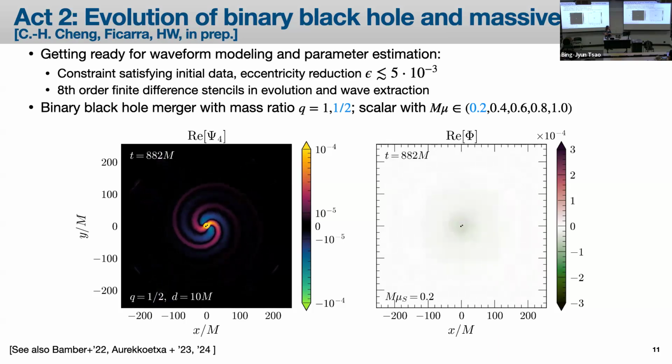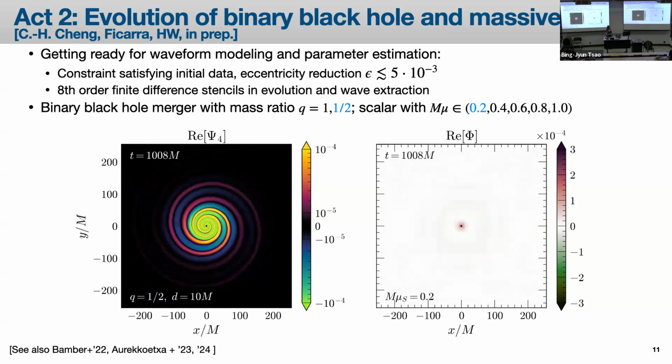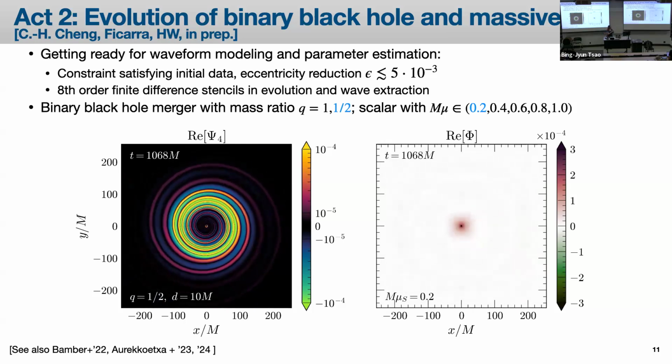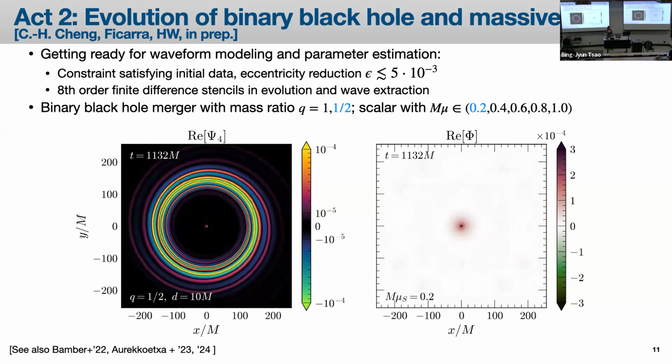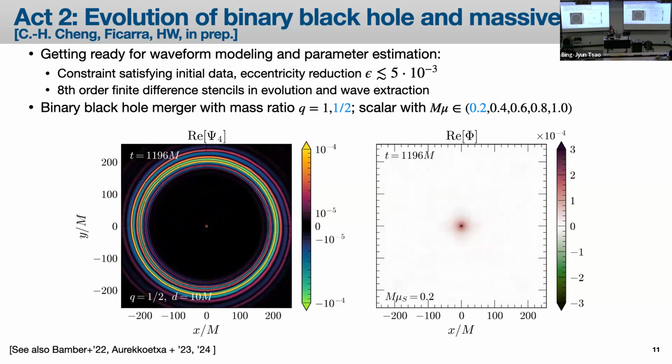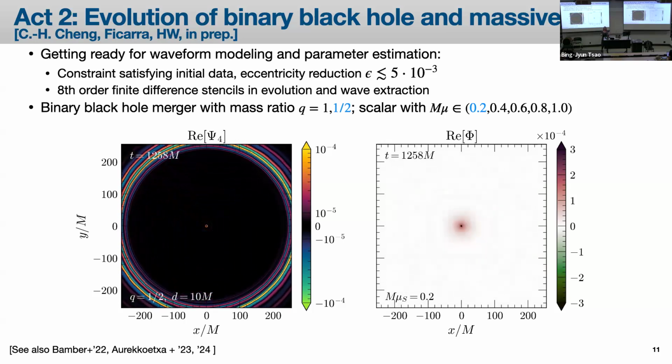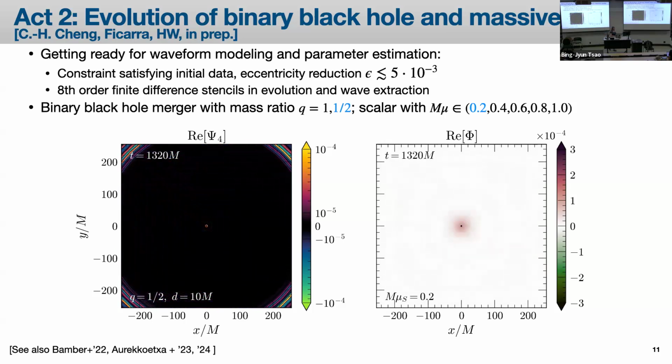And now we are close to merger, so the gravitational wave signal really increases in amplitude and frequency. And now at the merger, we have our burst of gravitational radiation, while the scalar field seems to still linger around a little bit and was slowly decaying. Okay, so this is a time evolution.